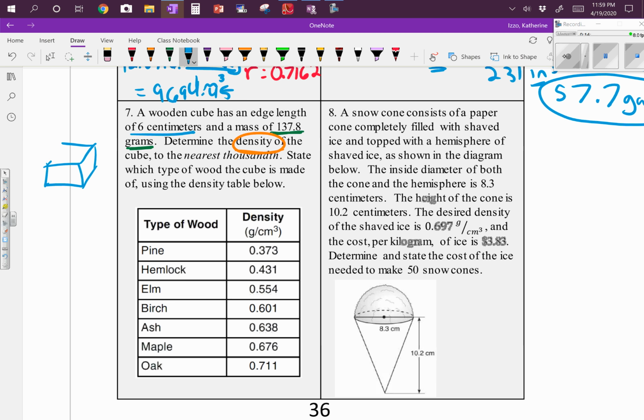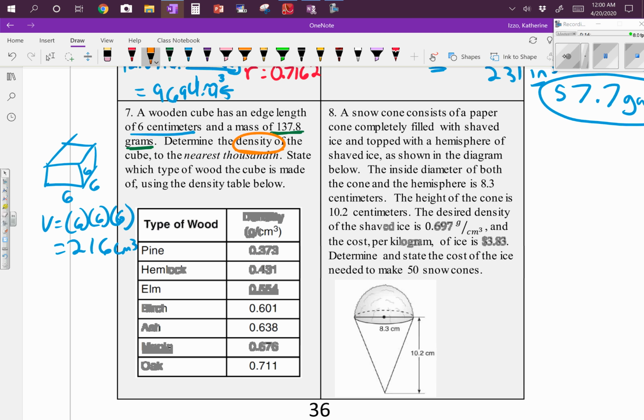Such a beautiful cube, and it's 6 centimeters, an actual cube. So volume is equal to 6 times 6 times 6. My favorite number. So 6 cubed, or 216. That is in centimeters cubed.